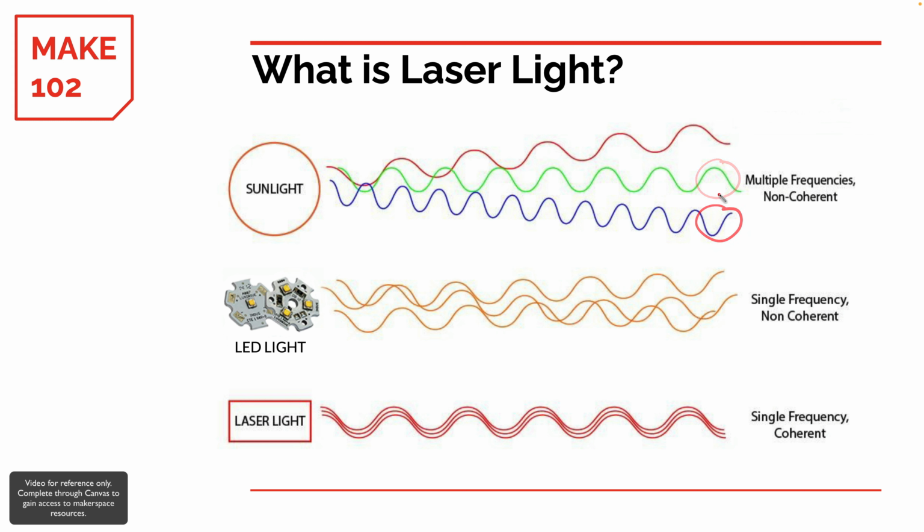So the light coming to us from the sun actually has multiple colors of light in it across a wide spectrum of frequencies. And it's also non-coherent. So these waves do not run parallel to each other, and they also are out of phase with each other. So this is sunlight. Now, let's consider something we may be familiar with, LED light.